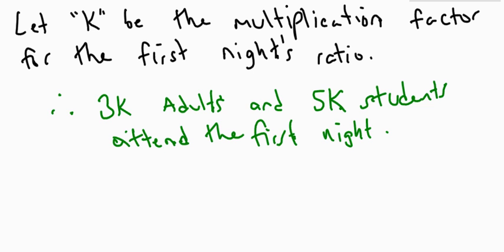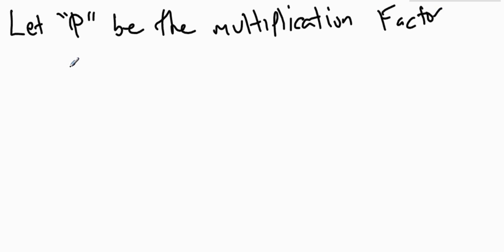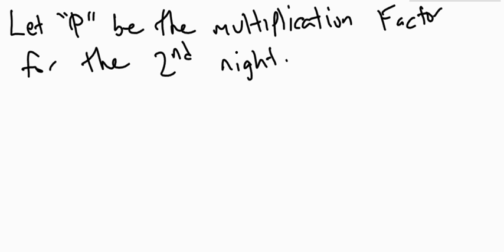So we've defined K to be the multiplication factor for the first night. So similarly, let P be the multiplication factor for the second night. And again, right away, what does that mean?